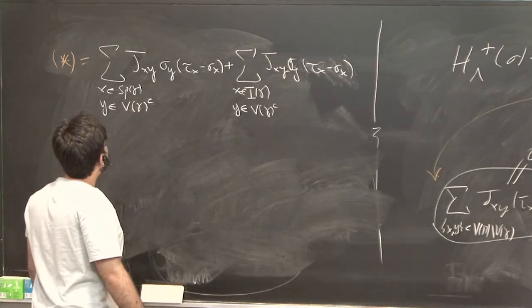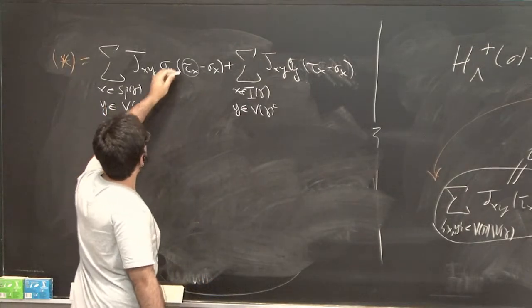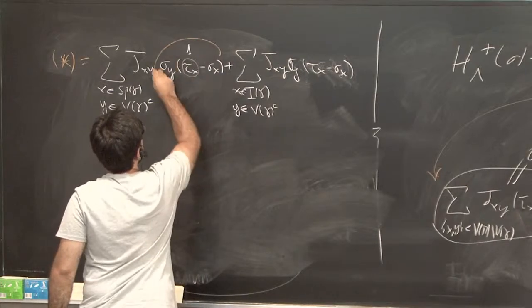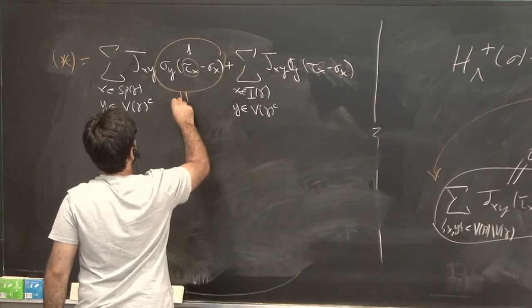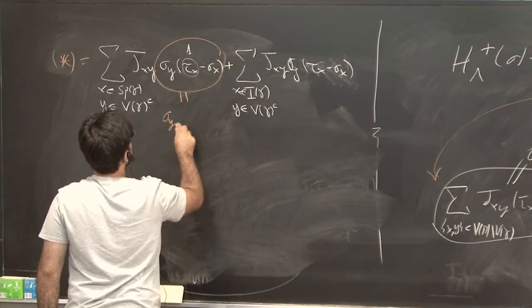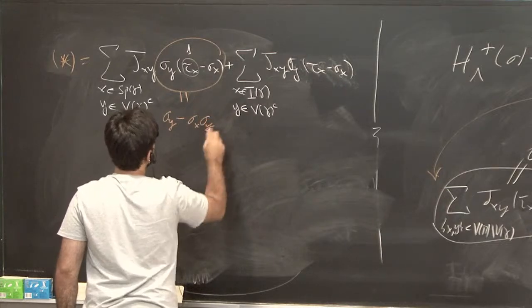Okay, so again, what happens here? Here I will have 1 because x is inside the support. So this whole quantity right here will be actually equal to sigma y minus sigma x, sigma y.